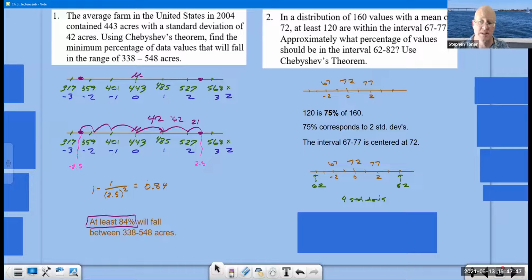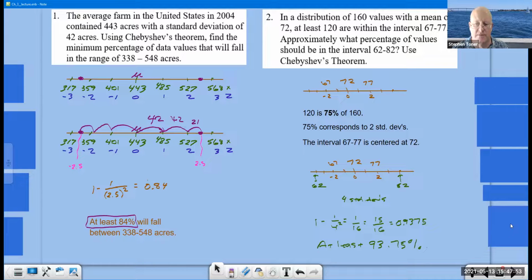Now that I have 4 standard deviations, and since I know I'm dealing with Chebyshev's theorem, I'm going to do the following. 1 minus 1 over 4 squared. There's my input of 4. Gives me 1/16. Okay, 1 minus that 16th gives me 15/16, and there's my decimal version of it.